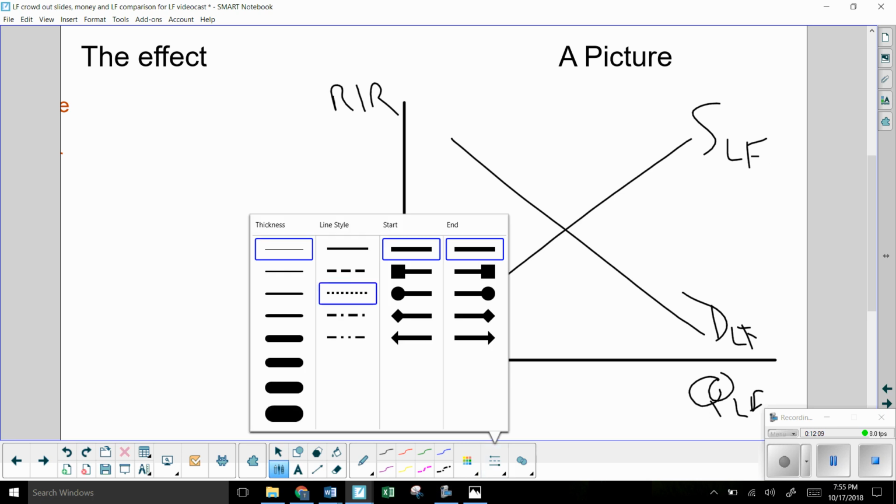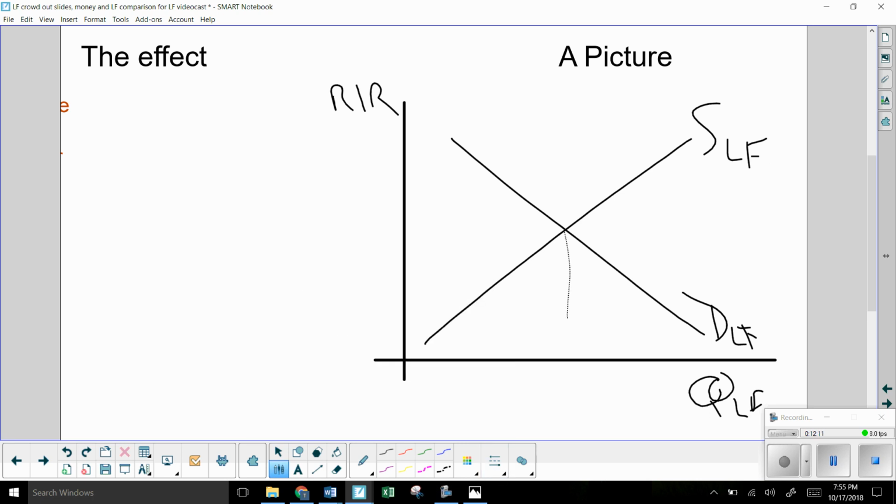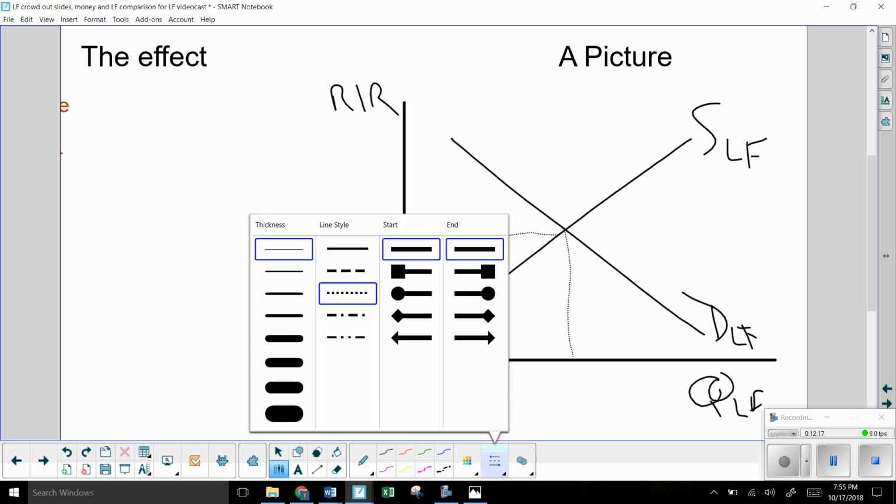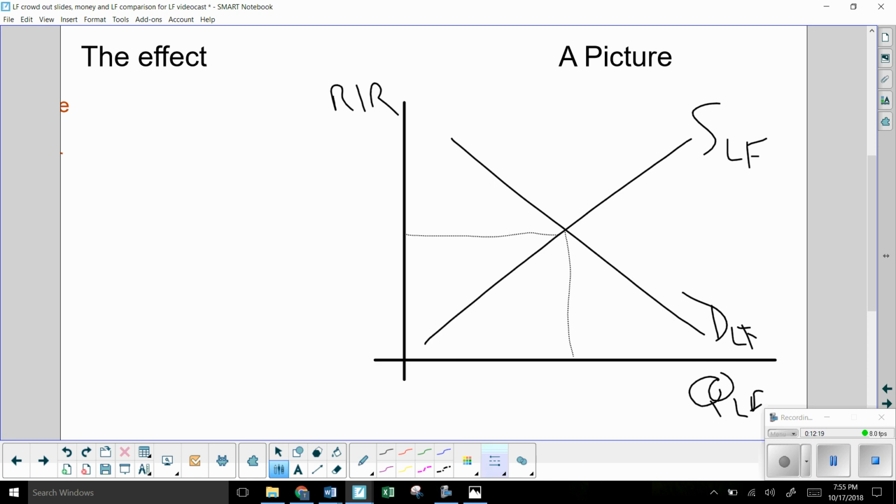We could also put in, just for reference, our real interest rate R1 and our quantity Q1, because later we can come back and compare those real interest rates and quantities.